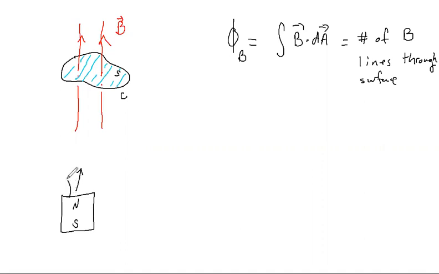And remember, this has its own magnetic field lines, like this. So if you were to move this magnet closer to this loop, eventually some of these lines would start to pierce through that surface, through that soap bubble.